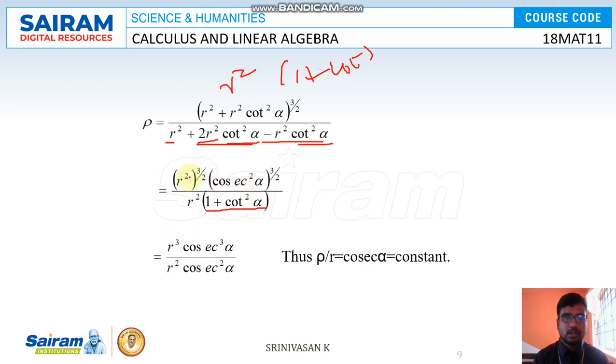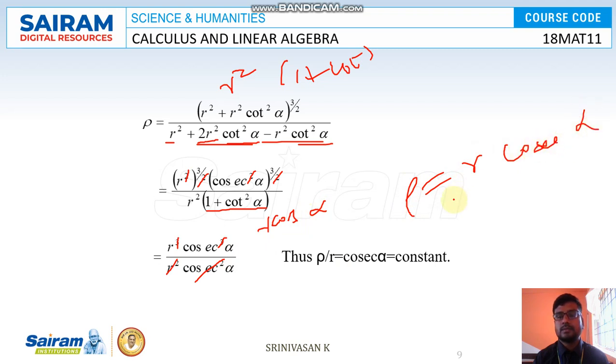Multiplying the 3/2 inside, the 2 cancels and we get r³. Then cosec³ α, and in the denominator r² cosec² α. So the cube and square cancel, and we get ρ = r cosec α.